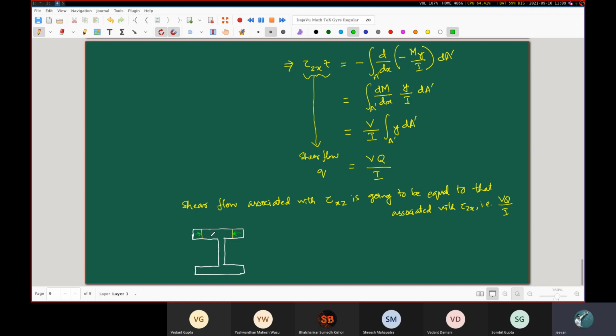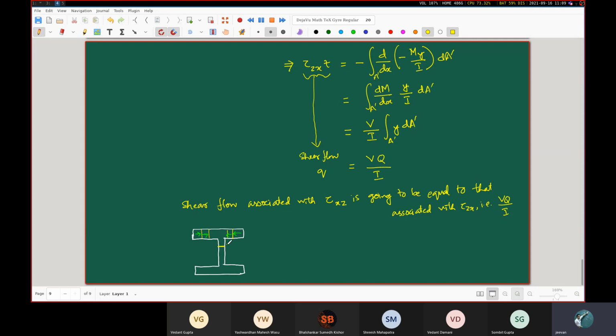And if you had kept on taking different cut sections like that and like that, you would have kept on obtaining different values of the shear flow like this. You can keep on doing that until you reach this middle point. After you reach this middle point, you go down. When you go down, you will take a cut section which is along a horizontal plane.